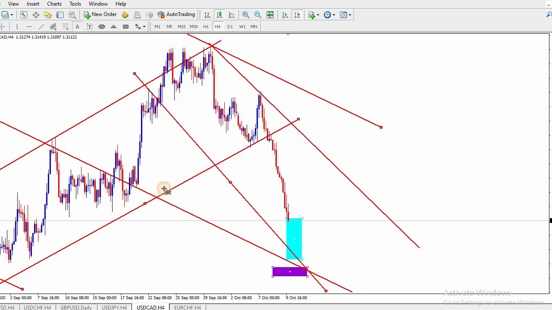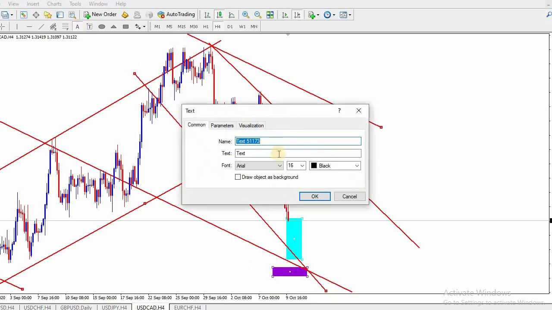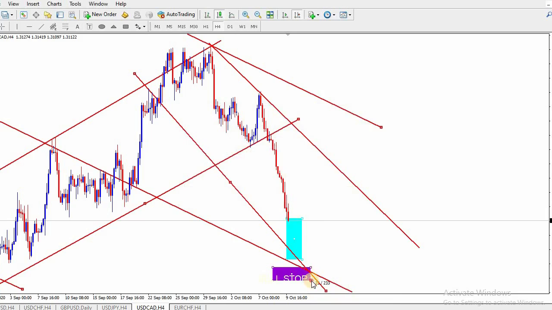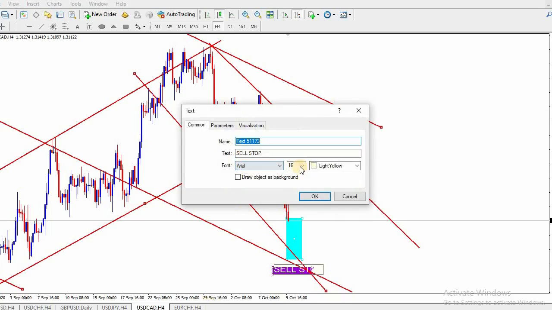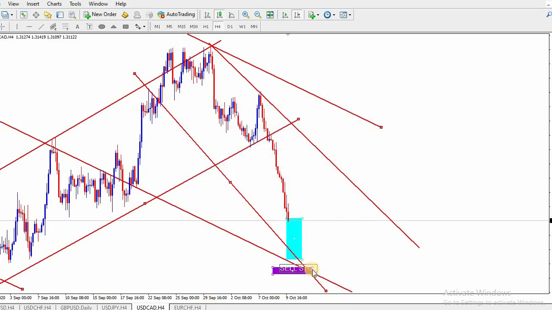So this is where we place our sell stop. So our sell stop will be at this point.